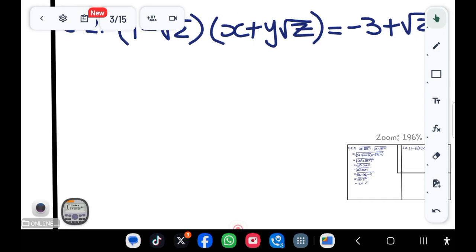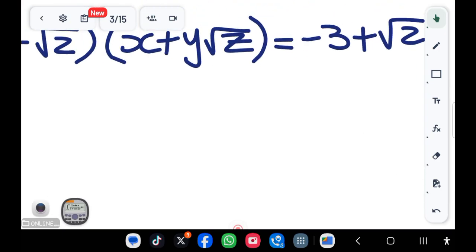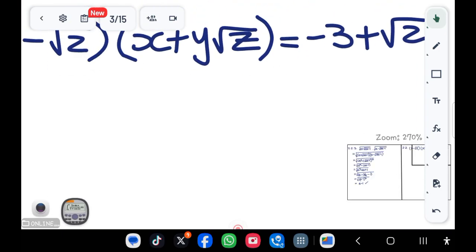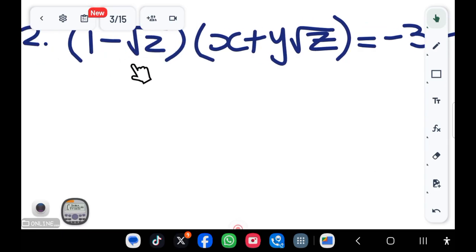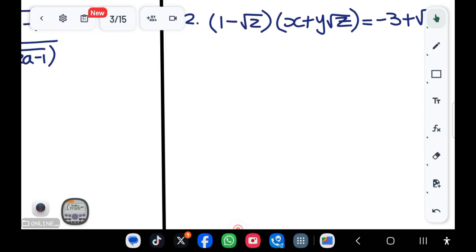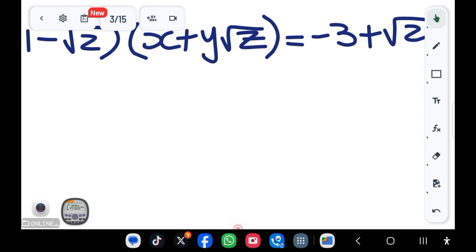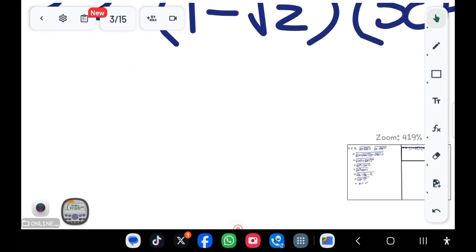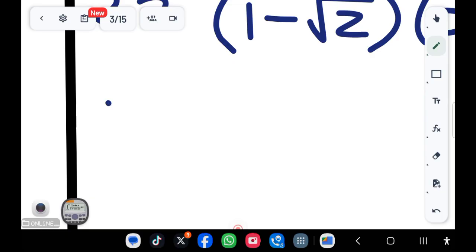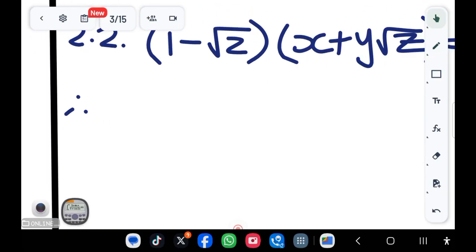So this is what we have and we start with. So what we do is we divide throughout by this bracket 1 minus root 2 so that we can have our x, y, and z on one side. And then rationalize the denominator. So we divide both sides.